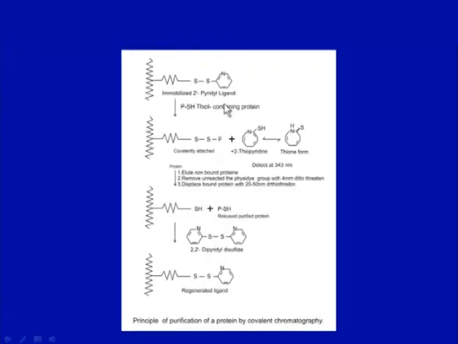Here this particular figure shows that you have an immobilized 2-pyridyl ligand, protein binds in here, releases the thione form, and then with another group it could be eluted. It is a very good technique for purification of a lot of different SH containing compounds.